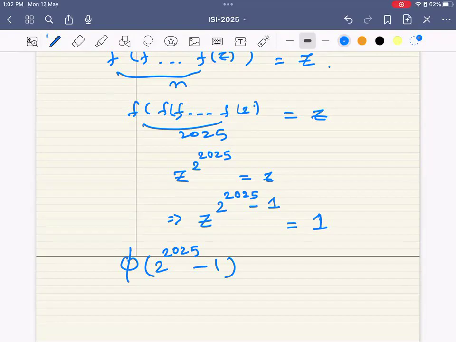Think about any nth root of unity, and these are 2 to the power 2025 minus 1 nth roots of unity, by the way. So first of all, look at my argument.